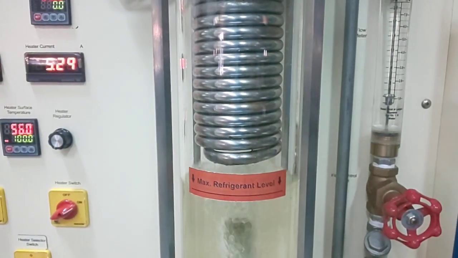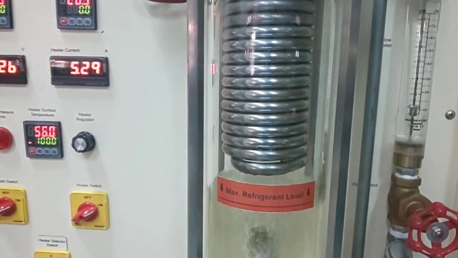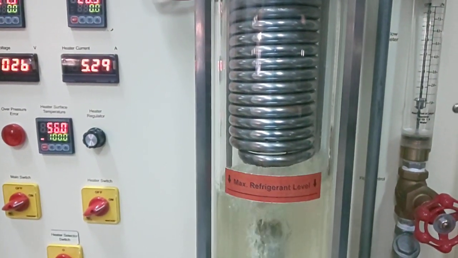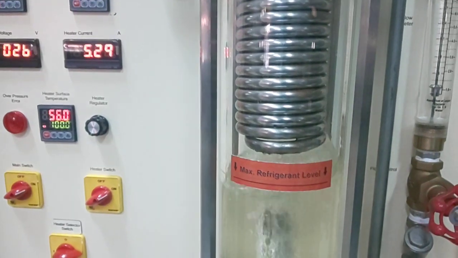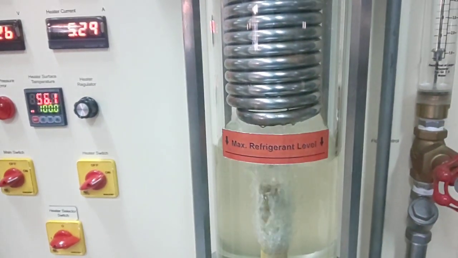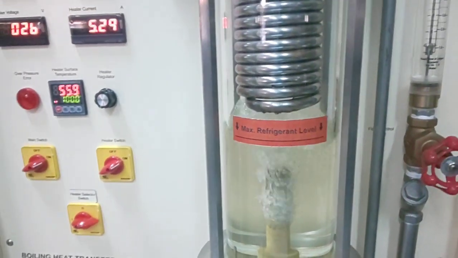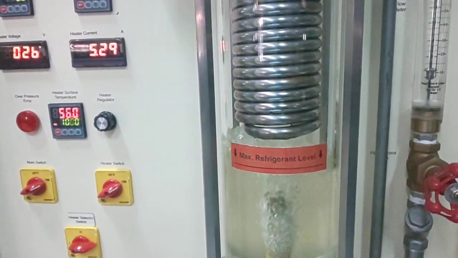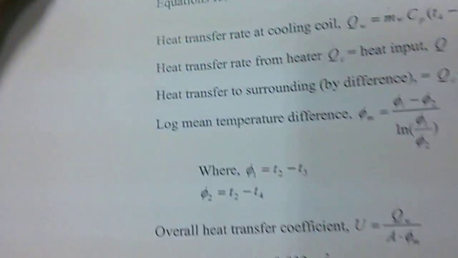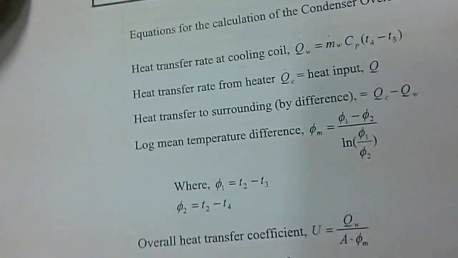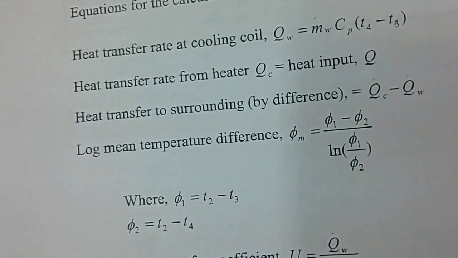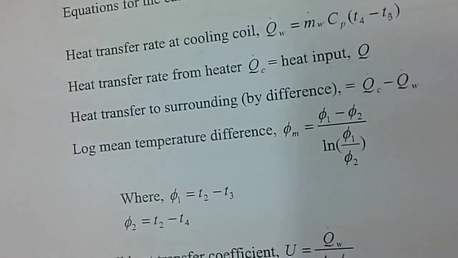Here, as we know, along the spiral of the coil, the temperature of the water changes depending upon the direction. So we have to use the log mean temperature difference formula, which is given here. In this formula, phi 1 and phi 2 are new variables, which are just the differences of the temperatures.